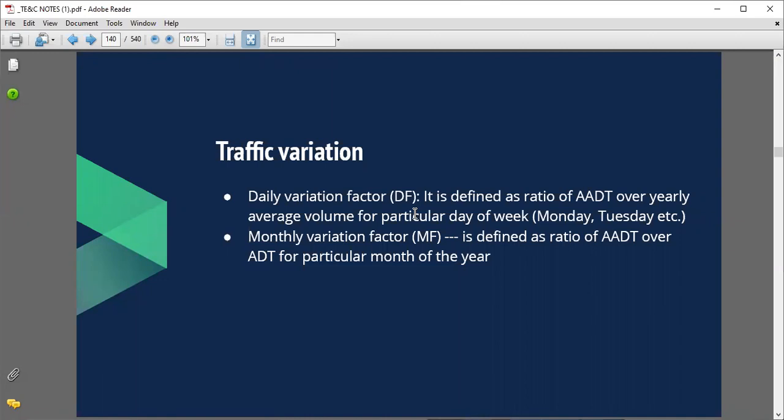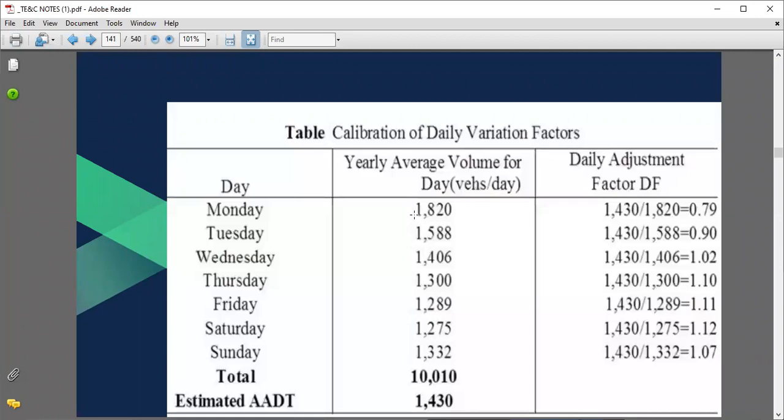Variation means there is a differentiation in the traffic coming to and going from the road. We can understand it by daily and by monthly variation.